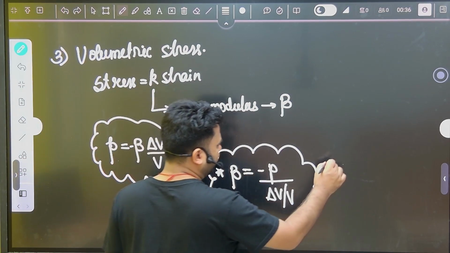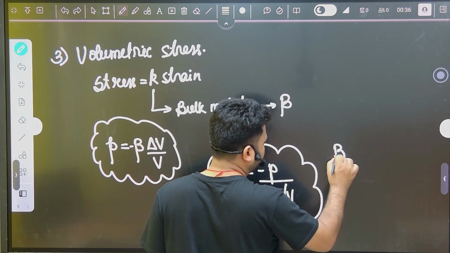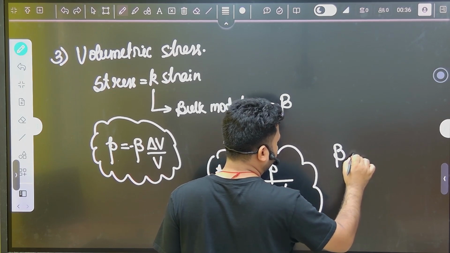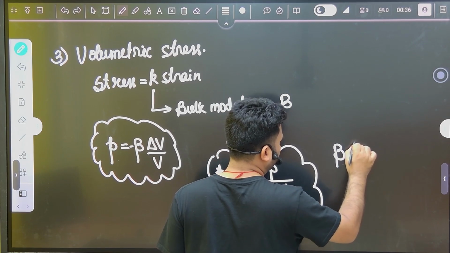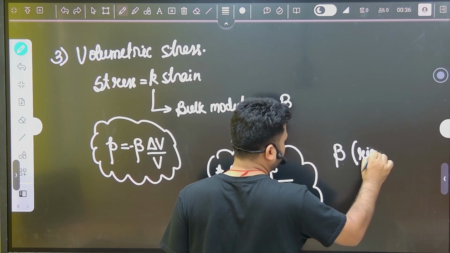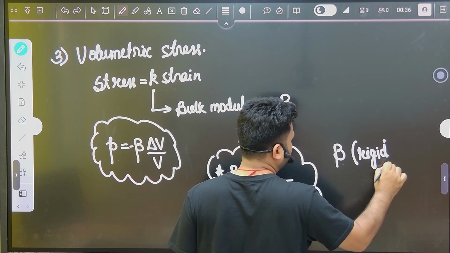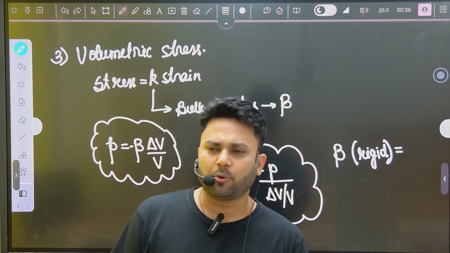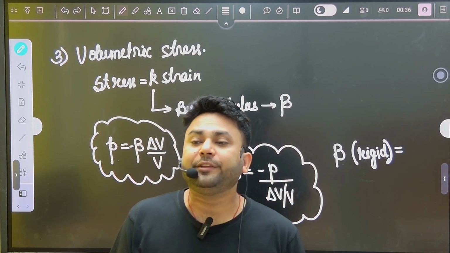And sometimes they ask what is the bulk modulus of a perfectly rigid object. Achha, what are rigid objects? A rigid object is one which is not going to be deformed.